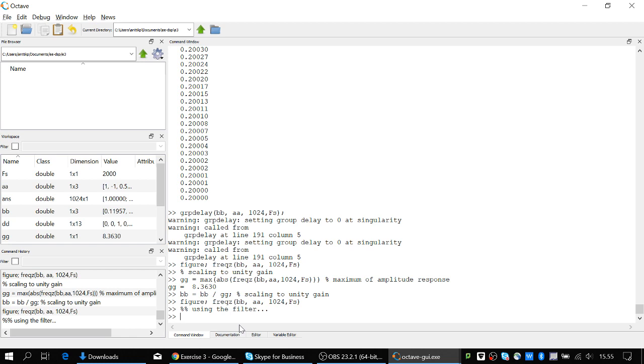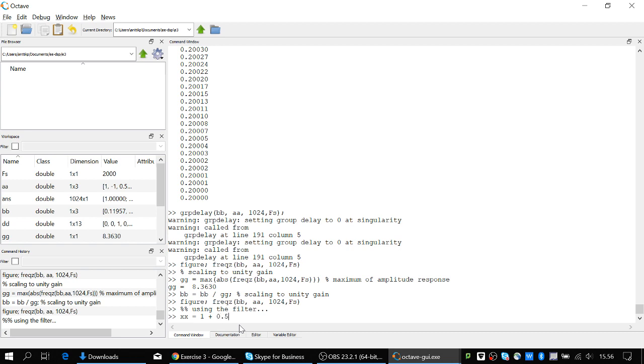So let me make some data. Data x equals, I will just put there some constant value plus some sinusoid.